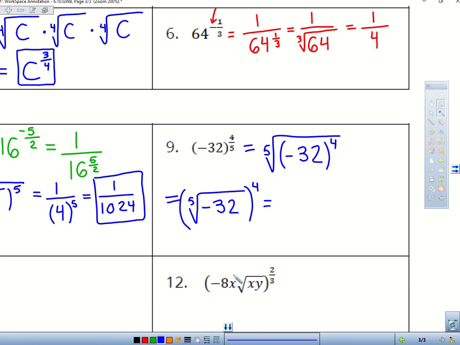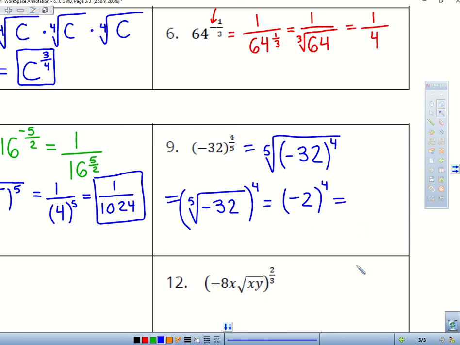And there's a reason I did that. Because negative 32 is a perfect 5th root. So there's some number that you can multiply together 5 times that will get you to negative 32. Any ideas? 2. Not 2, but you're close. Negative 2. And then we have to apply the 4th power.